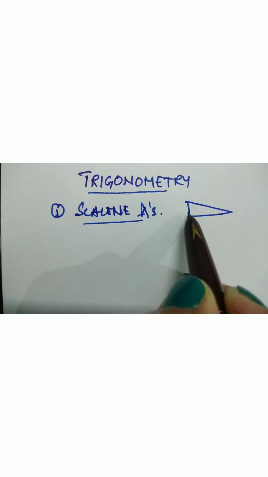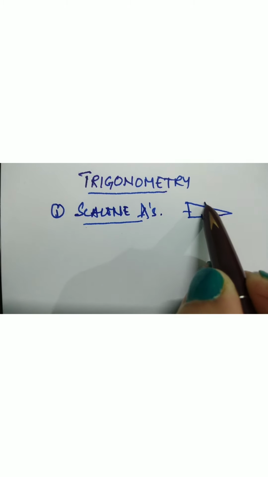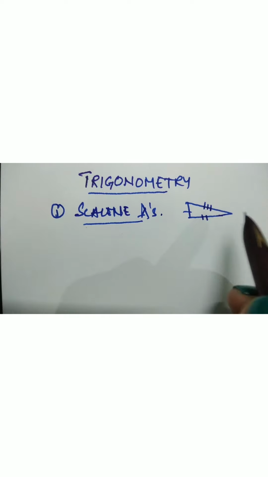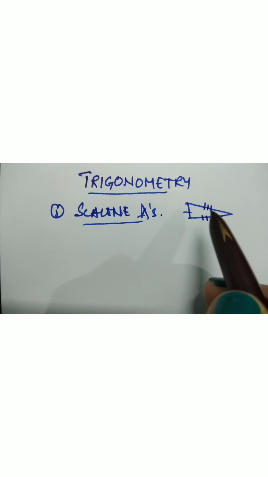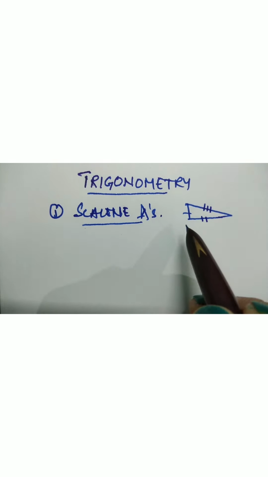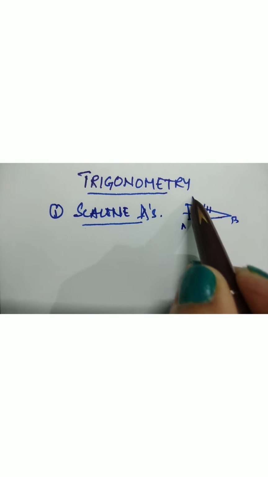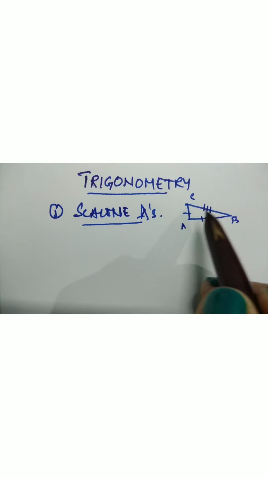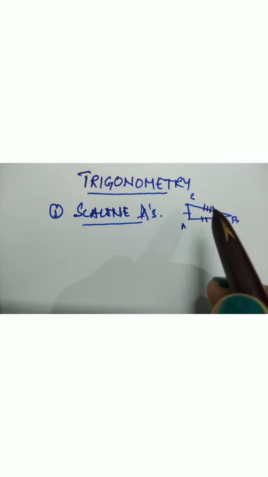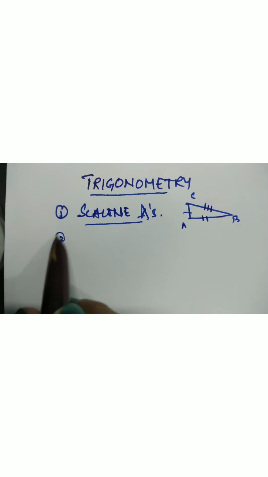That means this side is actually not equal to this one. It's not equal to this one. These types of triangles are called scalene triangles. And I hope you all know that if the sides are unequal, that implies that the angles will be unequal as well.